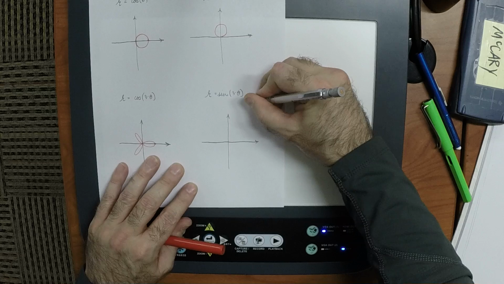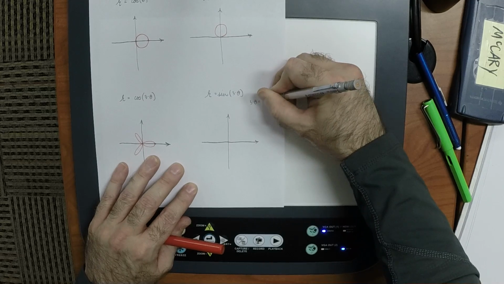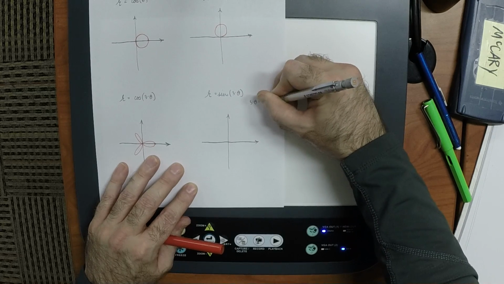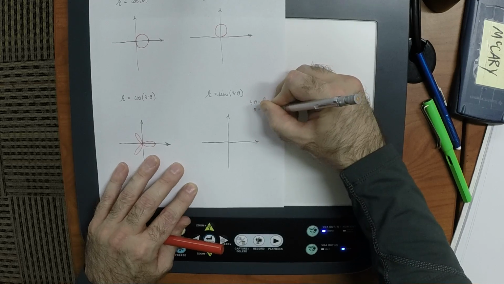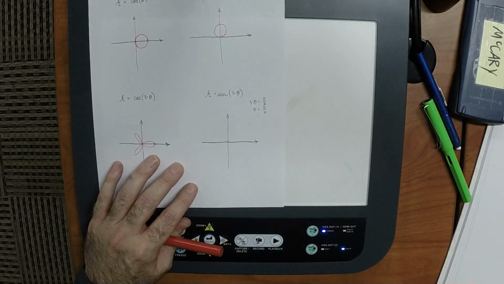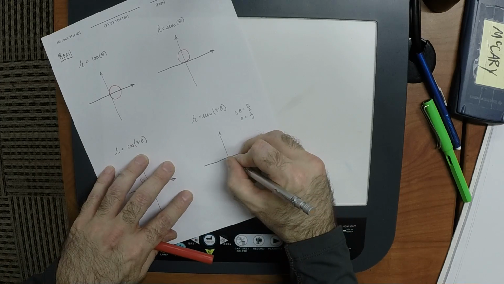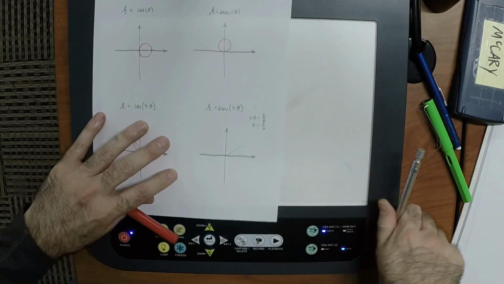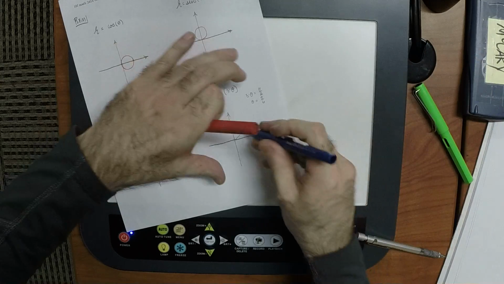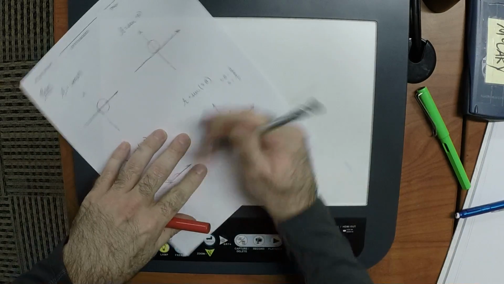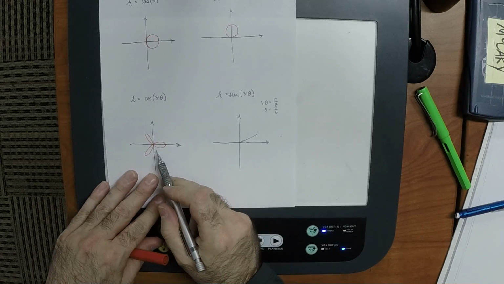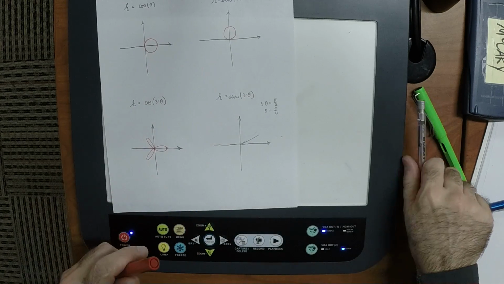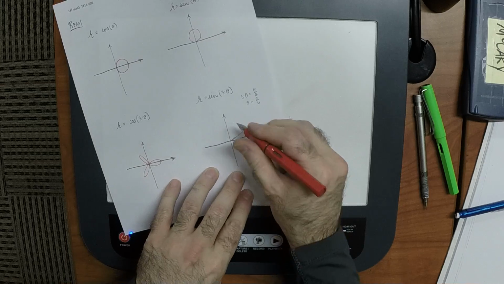So if 3 theta is pi over 2, that's where we'd hit 1, so theta is pi over 6. If I draw a pi over 6 right here, it's going to be just like that one, but rotated that much. So it's going to look like this.